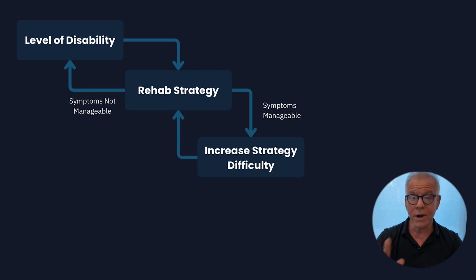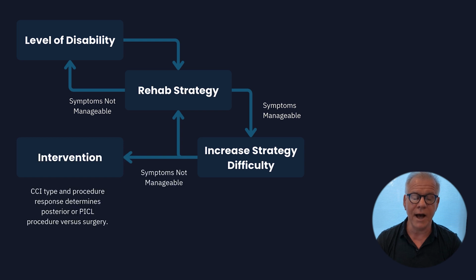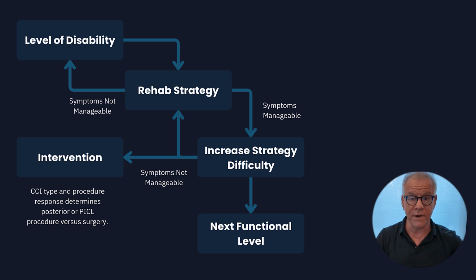And if it just won't work at all, meaning you can't move forward in all the things we're talking about here, then you're going to need some sort of intervention like an orthobiologics procedure, a posterior injection, or a PICL, etc. And obviously the goal, if your symptoms can remain manageable as you make things more difficult, is to get to that next functional level, in this case being fully functional without symptoms or very minimal symptoms.